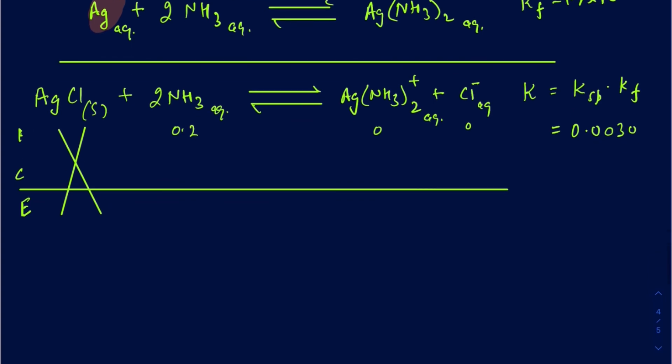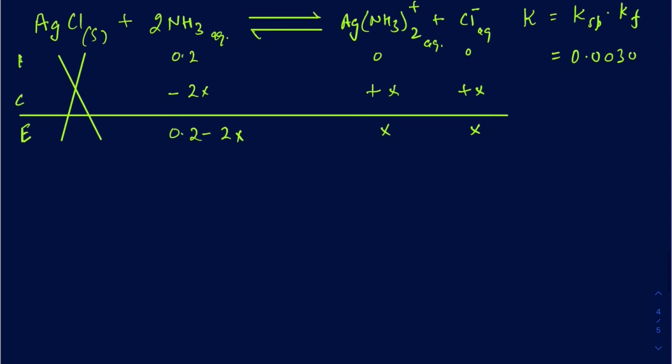If I lose 2x amount here, because remember this 2, and it's usually easier to write 2 in front of it in that case, I should be making x amount here and x amount here. So at the end of the day, I should have 0.2 minus 2x here, x here, and x here.